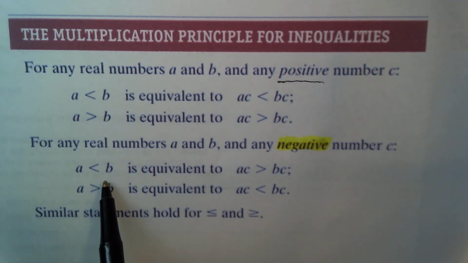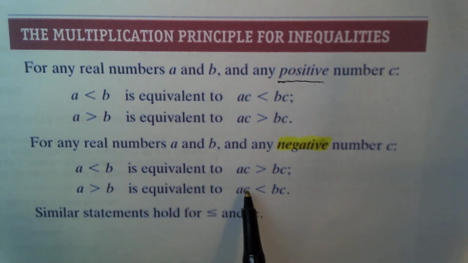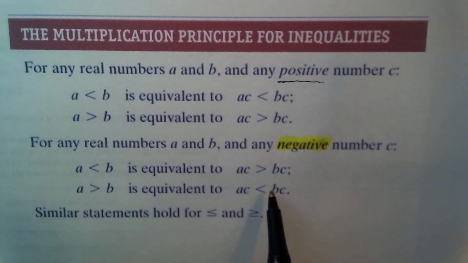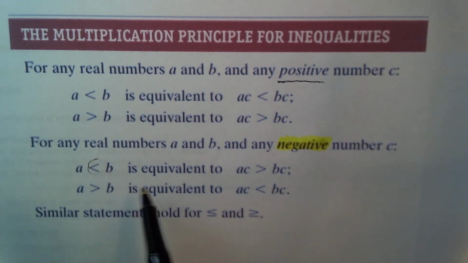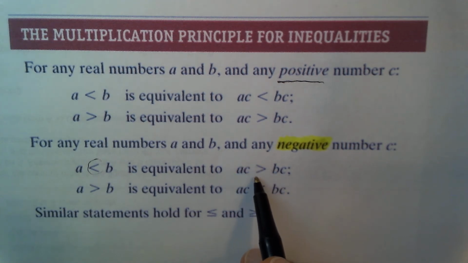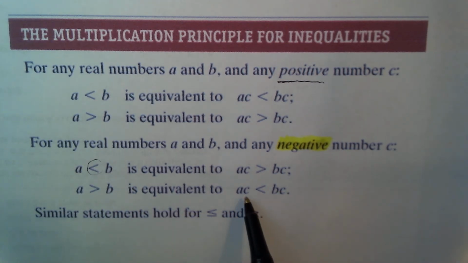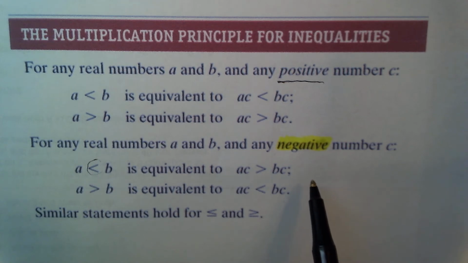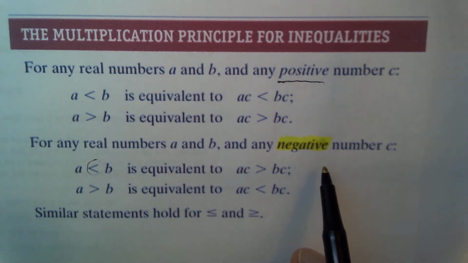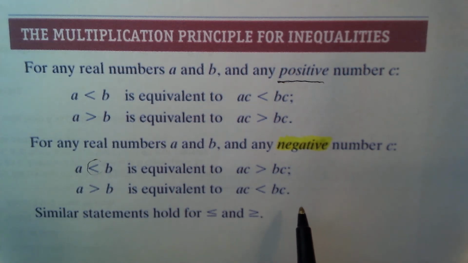So if a is less than b and c is a negative number, then ac is greater than bc. In other words, the inequality symbol gets reversed when we multiply or divide by a negative number. The same way, when a is greater than b and c is negative, then ac is less than bc. So we need to turn the inequality symbols around, no matter what they are, when we are multiplying or dividing by a negative number on both sides.